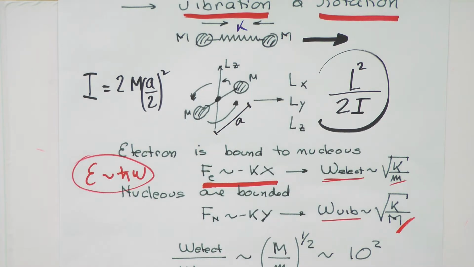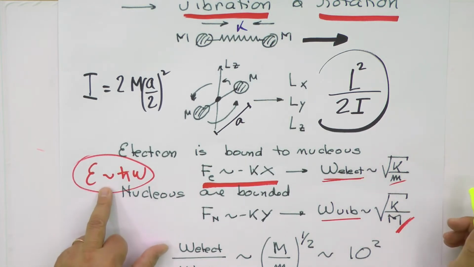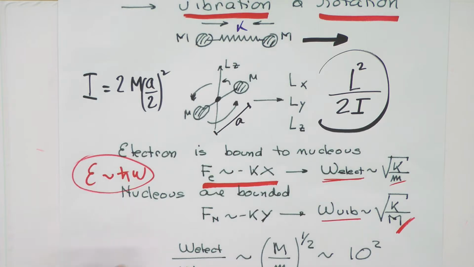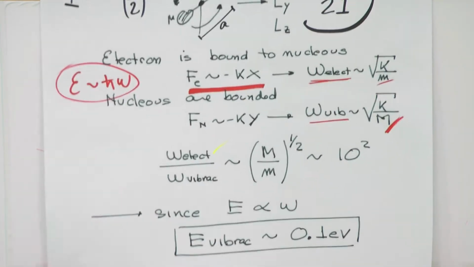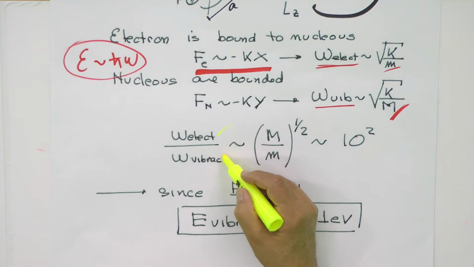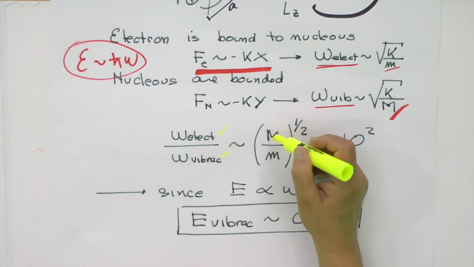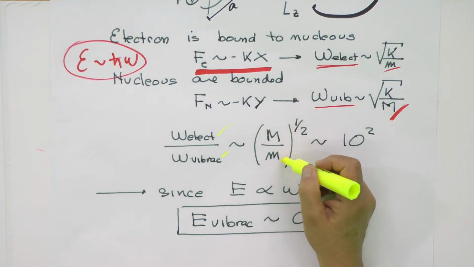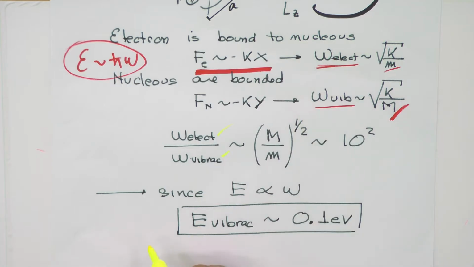As a result, when we take the ratio of the energies, the electronic frequency divided by the vibrational frequency is basically the square root of the mass of the nucleus divided by the mass of the electron.